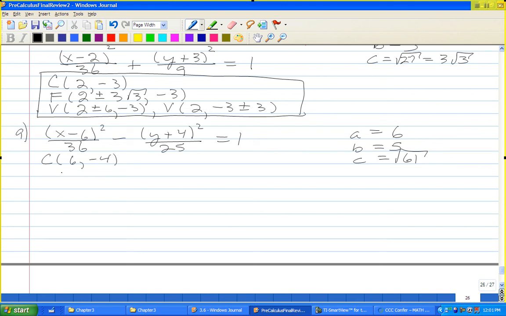I want to find the transverse axis. Well, since the x term is positive, the transverse axis will be where the two foci are, which in this case is going to be along the x. Notice the center is at (6, negative 4), and so this is just going to be y equals negative 4.